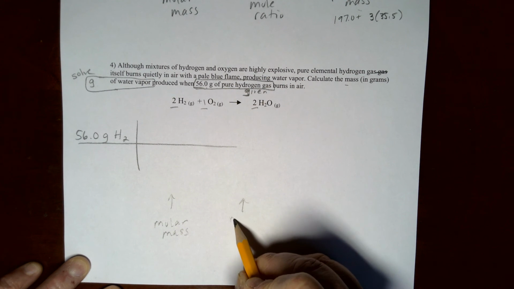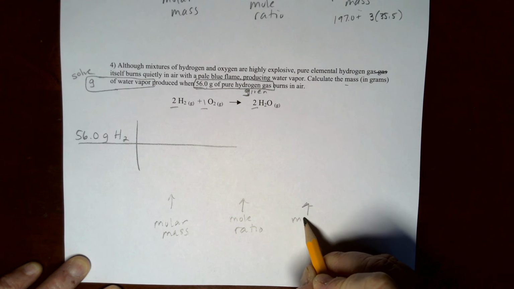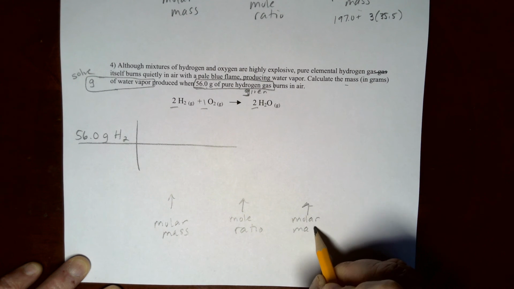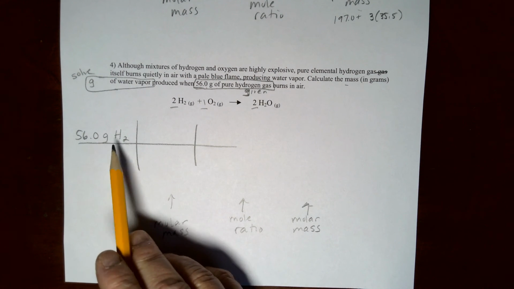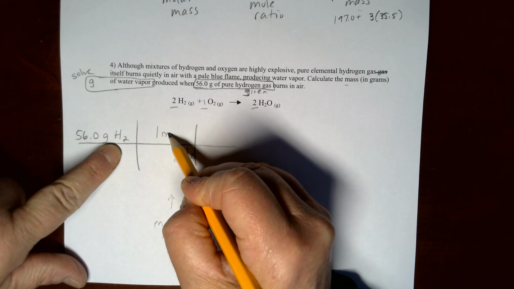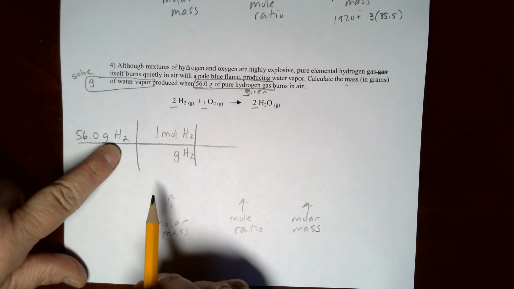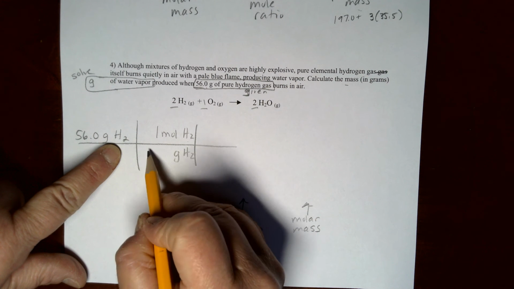Our second conversion fraction is going to be the mole ratio. And our third conversion fraction is going to be the molar mass of the substance we're solving for. So molar mass of the first substance, grams of H2, so it cancels. 1 mole of H2 up top. Hydrogen is 1.01, but we have 2 of them, so that's 2.02.